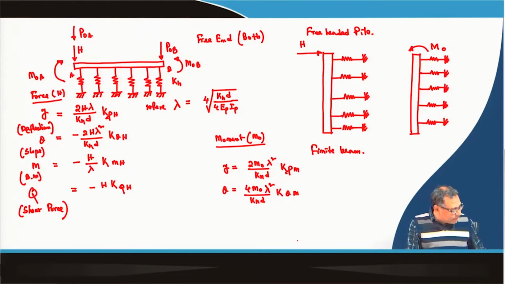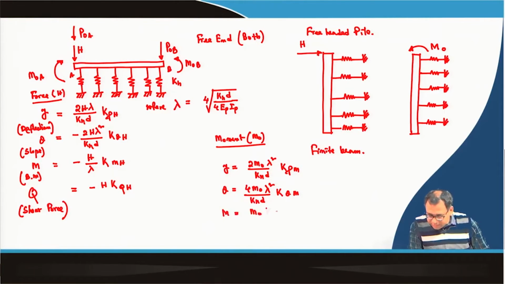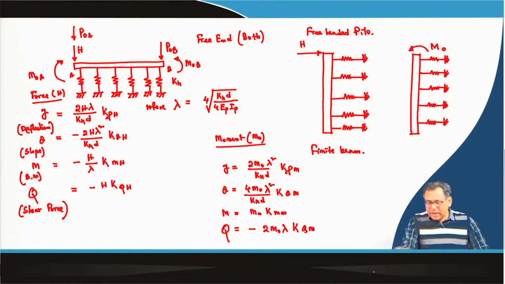Now, for the bending moment, this is m0 k m m, and for the shear force it is minus 2 m0 lambda k q m. So, these equations are given.